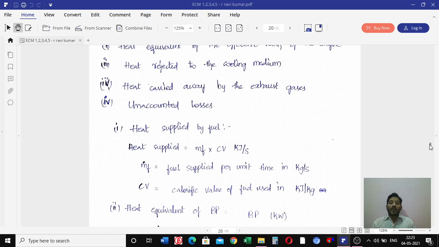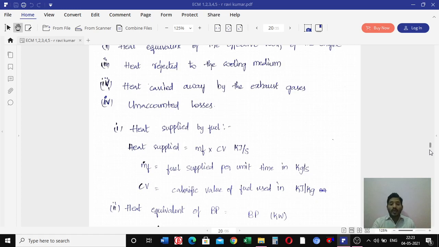The first one we are going to learn about is the heat supplied by the fuel. The heat supplied by the fuel is equal to the fuel supplied per unit time into the calorific value of the fuel used, in kilojoules per kg.